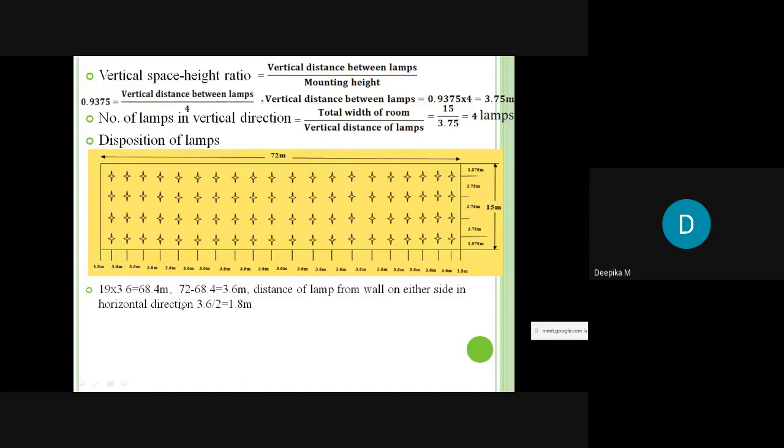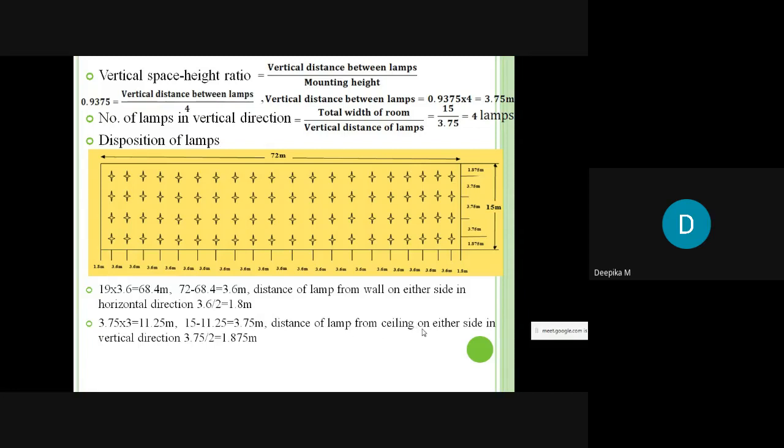Next, we have calculated in the horizontal direction. In the same way, we need to calculate in the vertical direction. So how many distances are there? 3.75 meter distances are there, and it is covering only 11.25 meter. But the actual width is 15 meters. So 15 minus 11.25 is 3.75 meter.